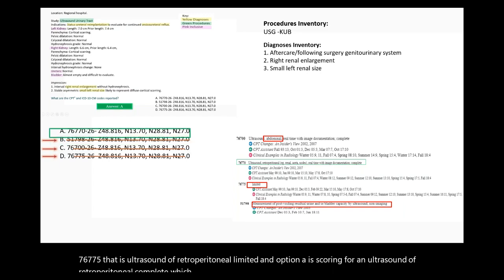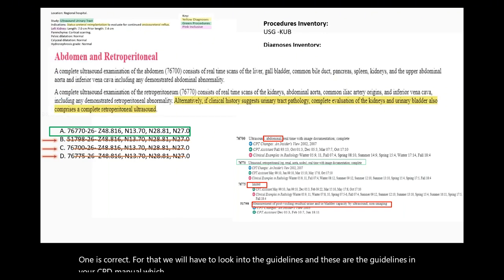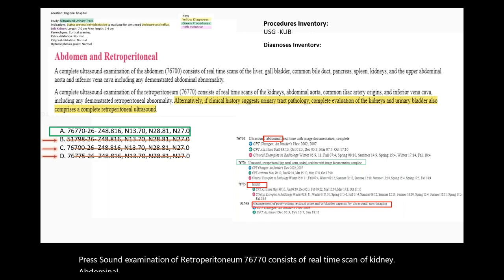For that, we will have to look into the guidelines in your CPT manual, which states that a complete ultrasound examination of retroperitoneum, 76770, consists of real-time scan of kidneys, abdominal aorta, common iliac arteries, origin, inferior vena cava, including any demonstrated retroperitoneal abnormality.